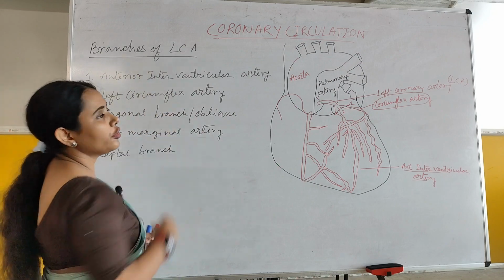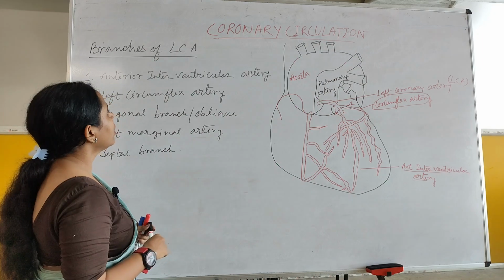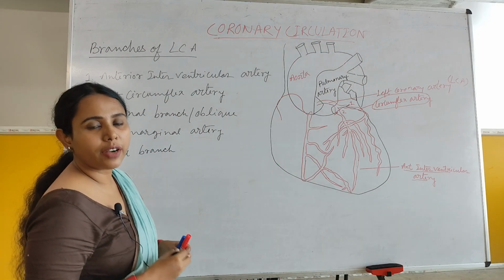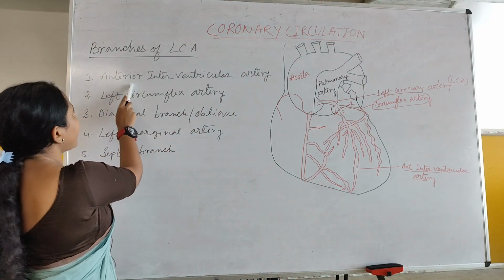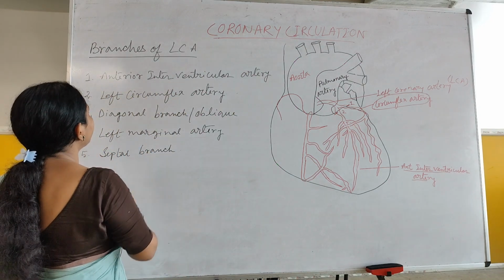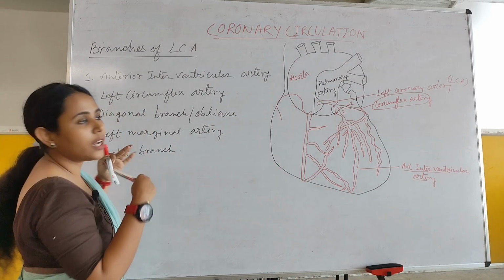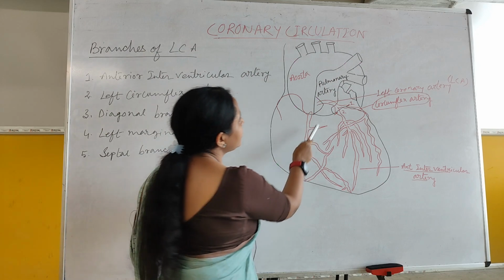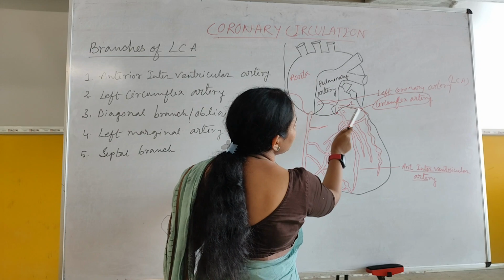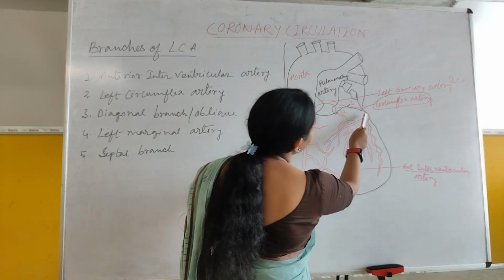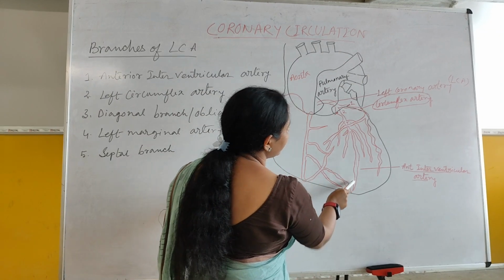Next, branches of the left coronary artery. It's very easy. Compared to the right coronary artery, it's more simplified. Here you can see the anterior interventricular artery and the left circumflex artery. We have already studied that after its origin, LCA divides into the circumflex artery and the anterior interventricular artery.